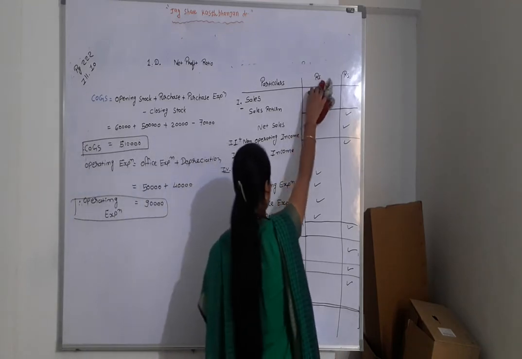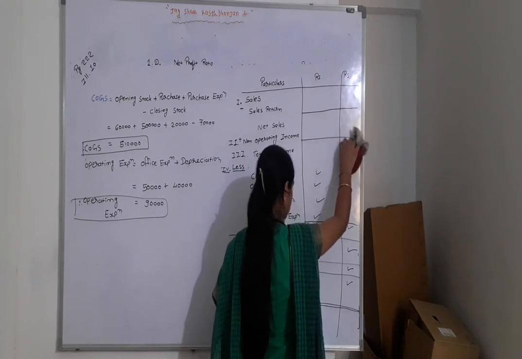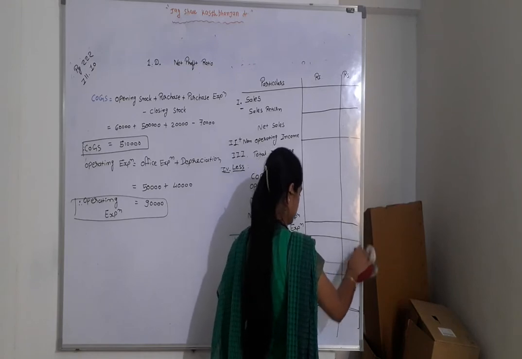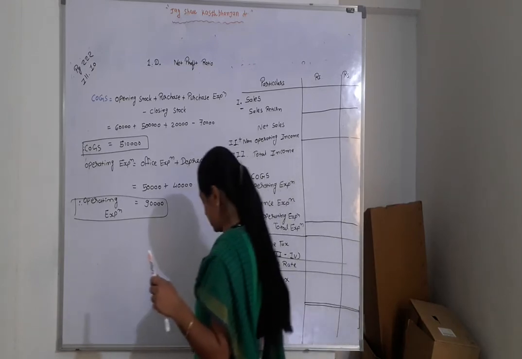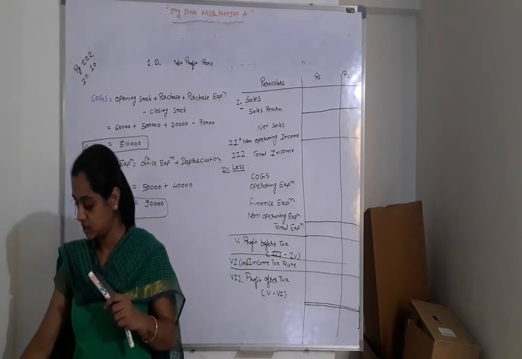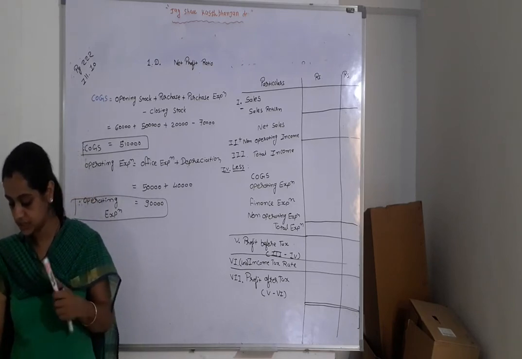Now apply all these things in our table. So first of all, write down the table. I have already written down. That's why I will not write it again. One by one, we'll apply the amount over here. First, they have given opening stock, purchase expense, right?